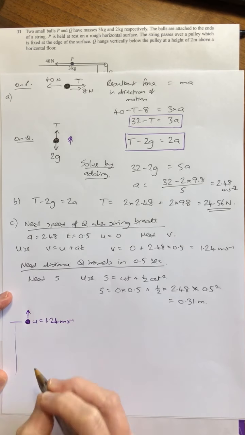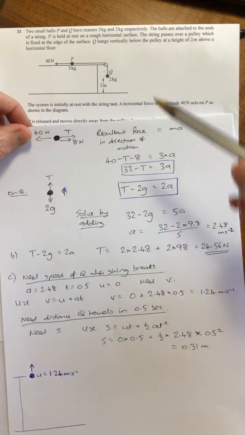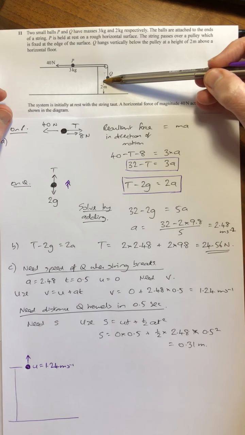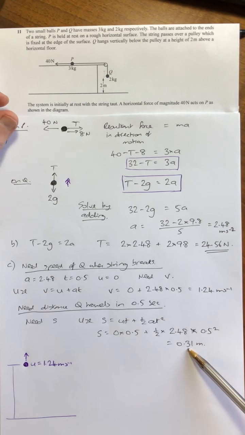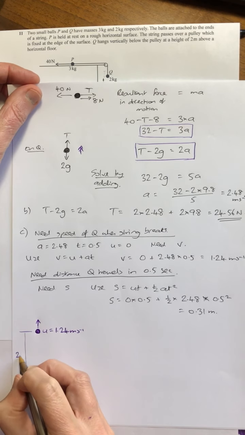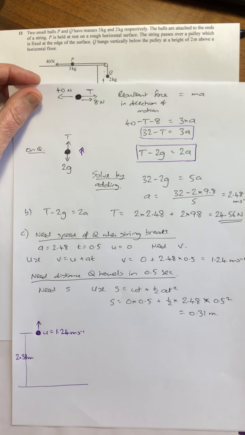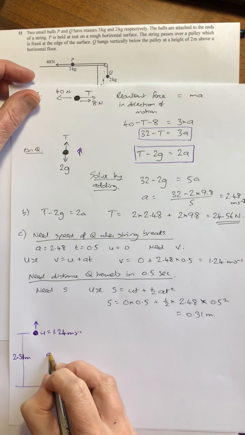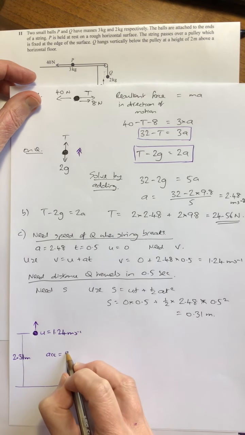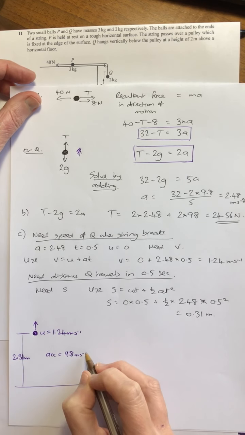The distance from there to the floor, well, I had the initial 2 meters, so it was 2 meters above the floor. It's now moved up that extra 0.31. So I know that the distance is 2.31 meters. I then know that the acceleration is equal to 9.8 meters per second squared.